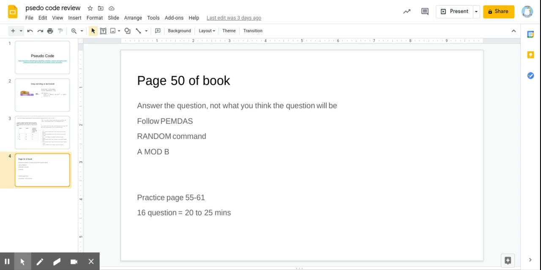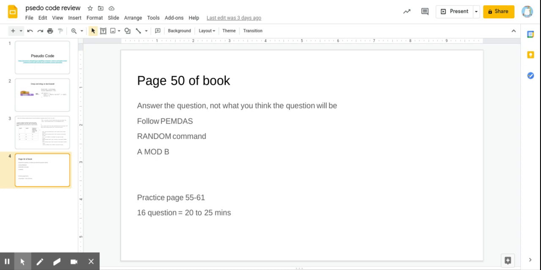Then last but not least, it is mods. Now, mods is something that some people have a hard time getting. Mods is just when you're dividing something, you don't really care about what the quotient is, but what the remainder is. That's what we use mods for. It's a little bit weird to think about.